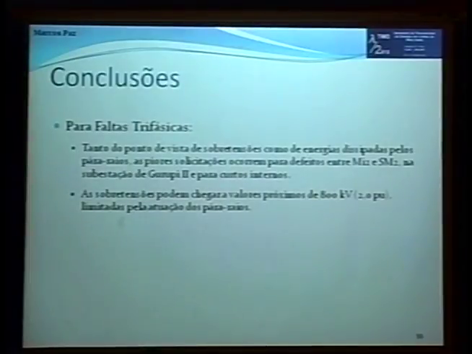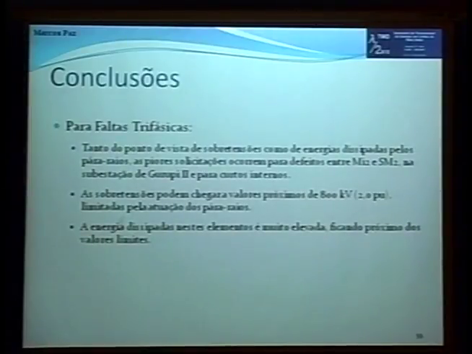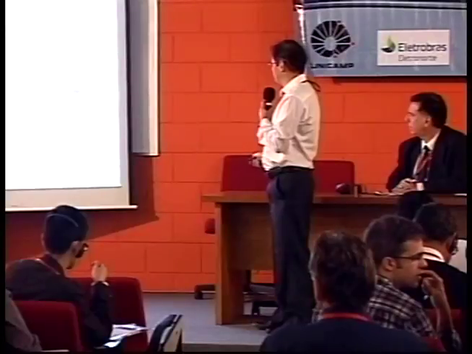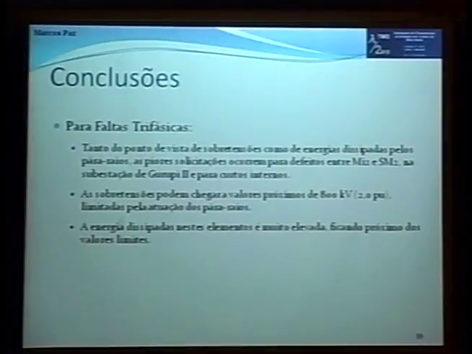The overvoltages were limited by the work of the surge arresters to about 2 pu, but this limitation happened due to the surge arresters located in the line. Dissipated energy on the surge arresters is very high, being close to the limit values.